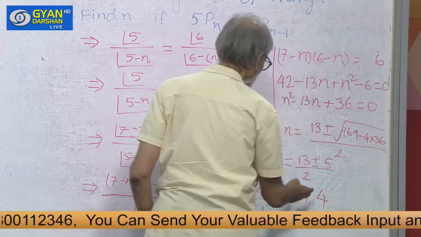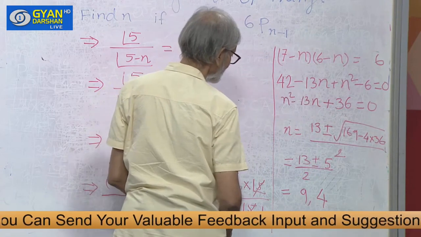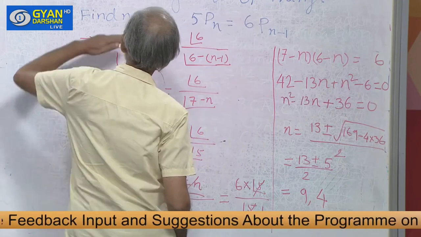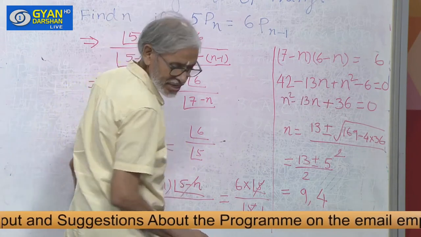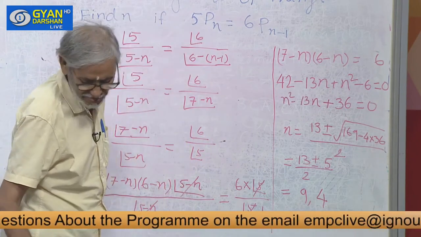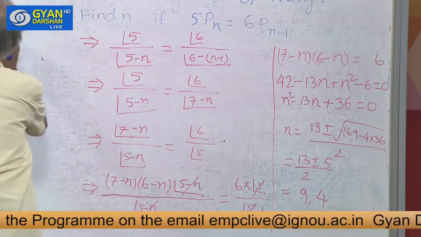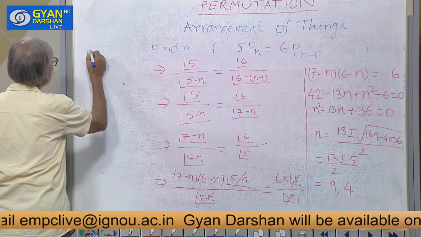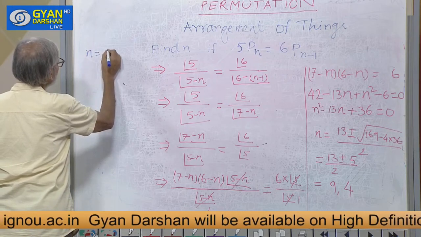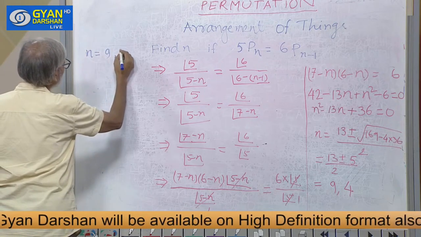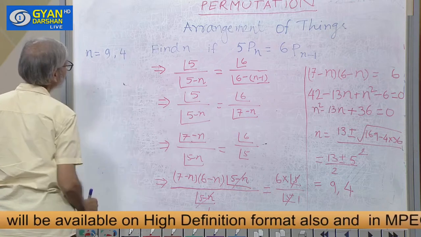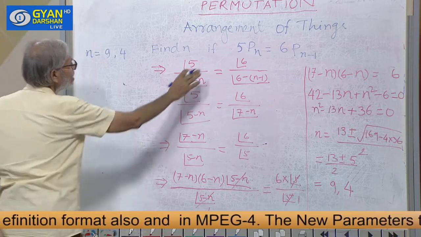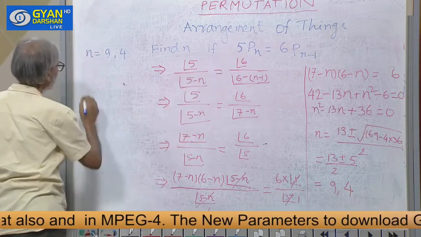So we have found out the value of n, because the question was find n. So n is equal to either 9 or 4. But if we take n is equal to 9, this is 5 P n.